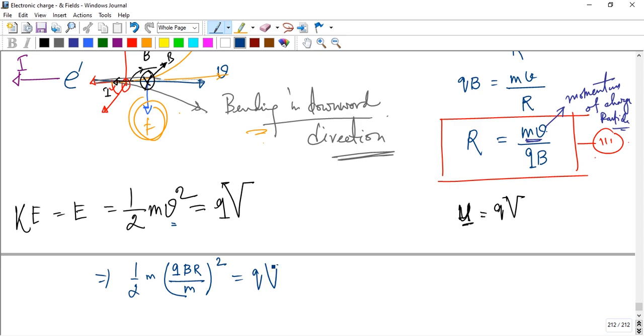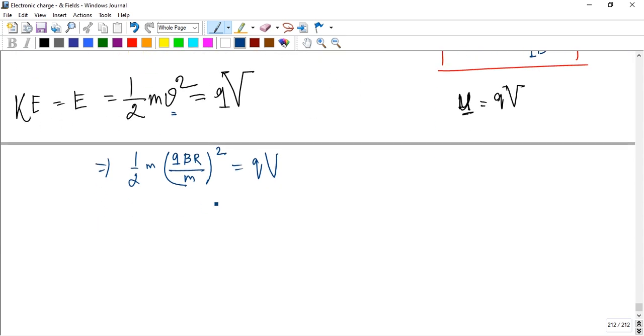So capital V represents the potential and small v represents velocity. Clear the notation; do not confuse capital V and small v.